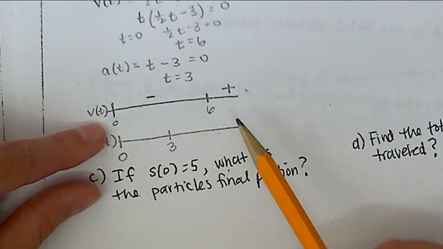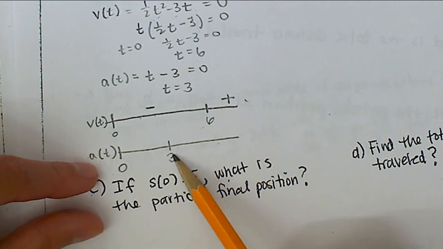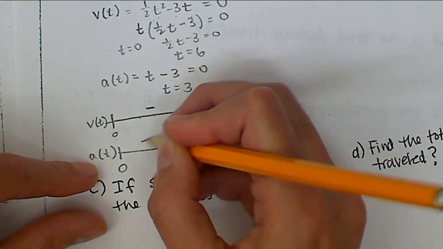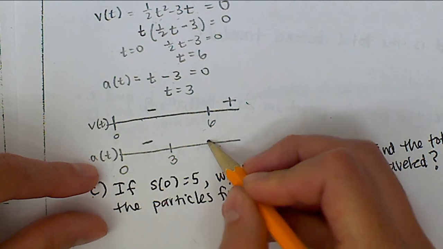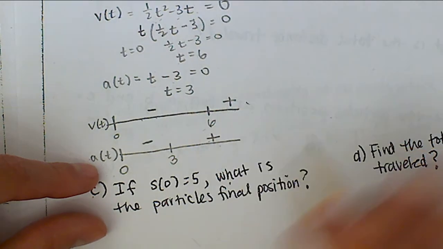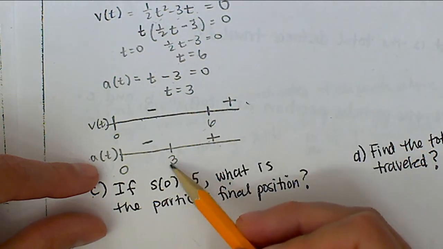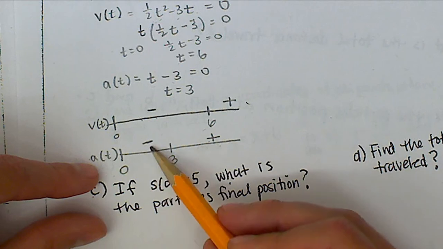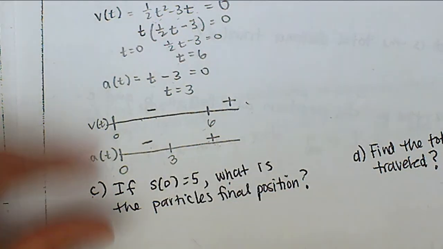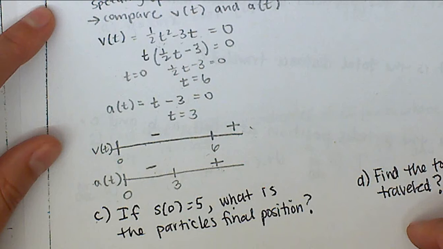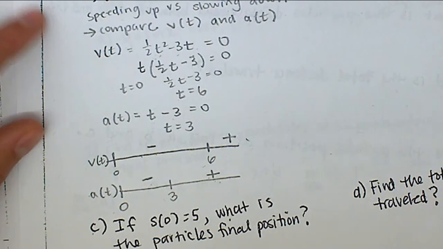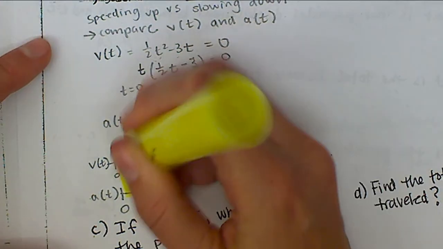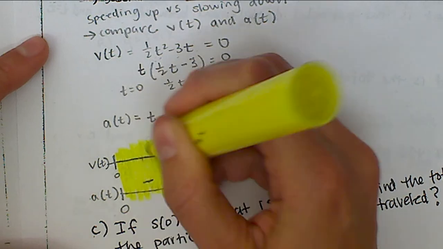And then for the acceleration, let's say I plug in 1. 1 minus 3 is negative. And then if I plug in 10, I get a positive. So 3 is a point of inflection. It changes concavity from concave down to concave up at that point. So I'm going to highlight everywhere where the signs are the same. Both signs are negative up until 3.